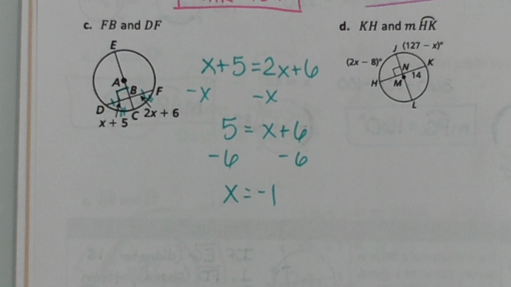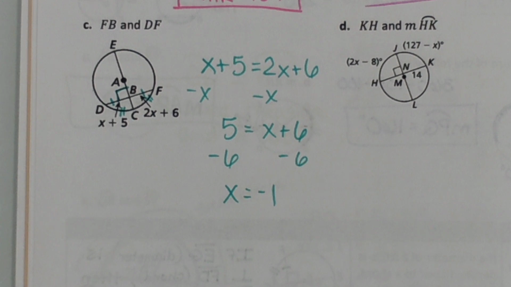Can x be a negative? Yeah, you can have negative variables. You cannot have negative segments, negative angles, or negative arcs, but you can have negative variables as long as when you plug them back in, it doesn't make segments negative.